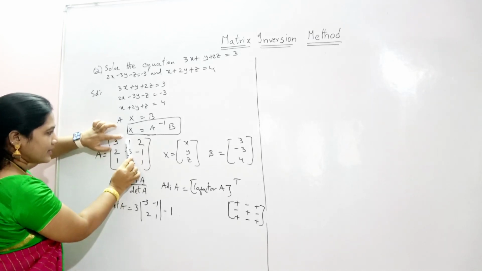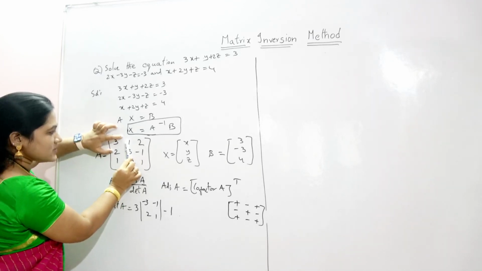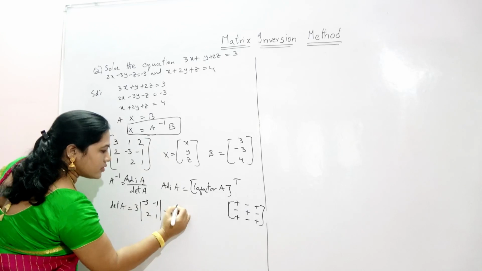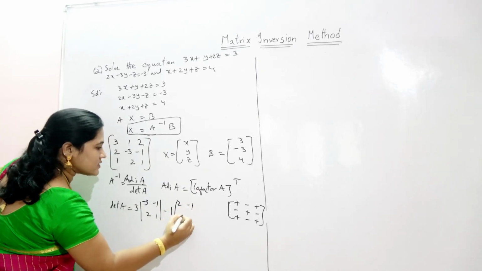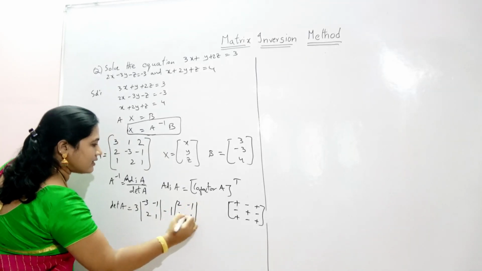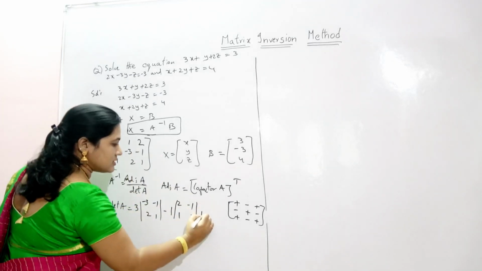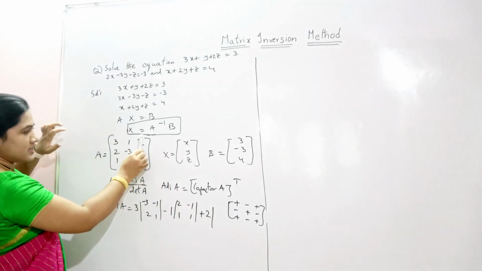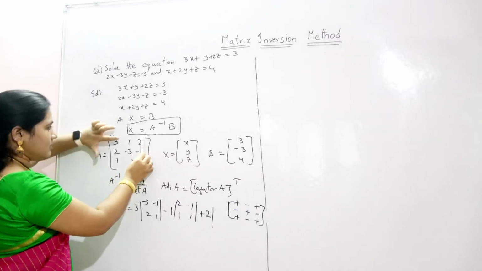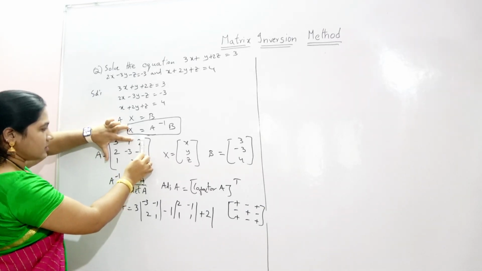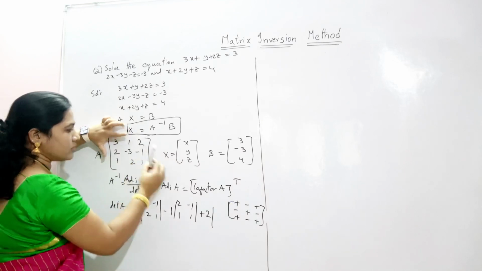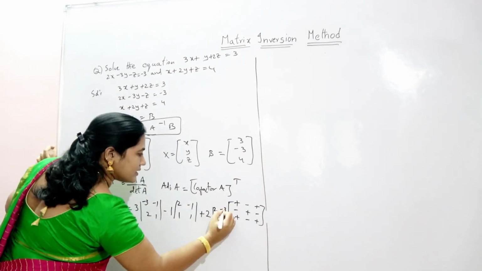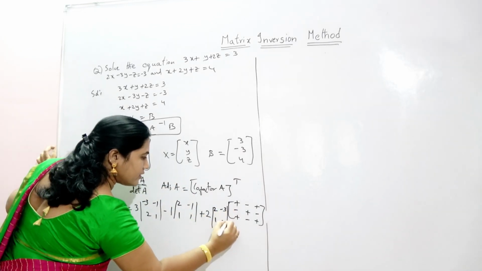The remaining elements are 2, -1, 1, 1. And for the third element, 2, just close this column and this row. The remaining are 2, -3, 1, 2.